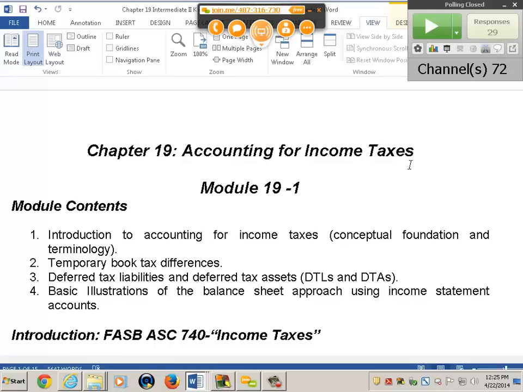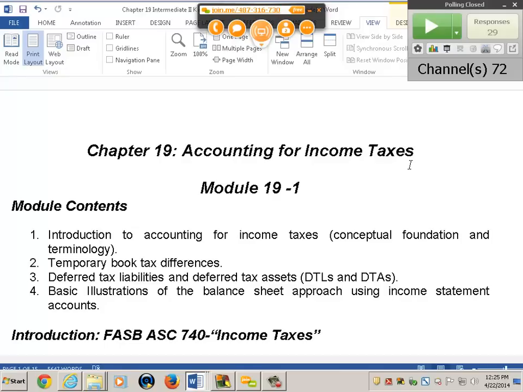Could be a deferred tax asset or liability. This is very counterintuitive. If you pay more tax than the GAAP expense, you got an asset. It's like a prepaid. If you pay less tax, you have almost borrowed money from the government, got a liability.